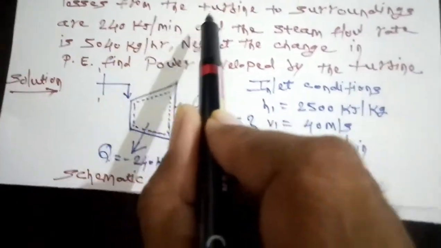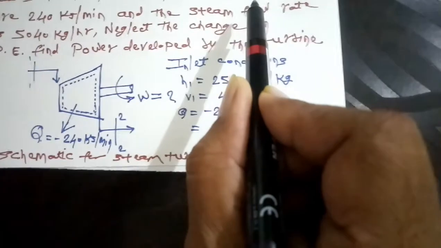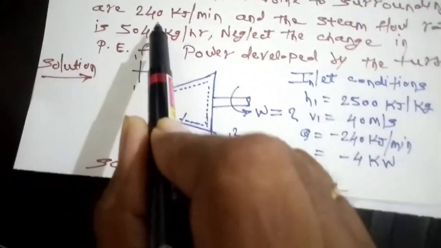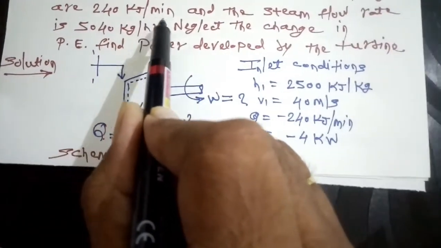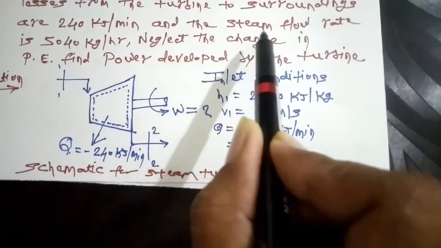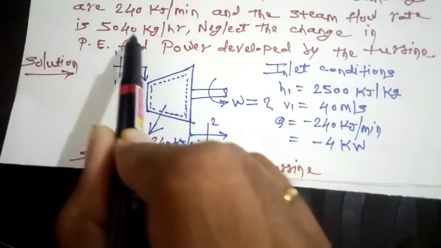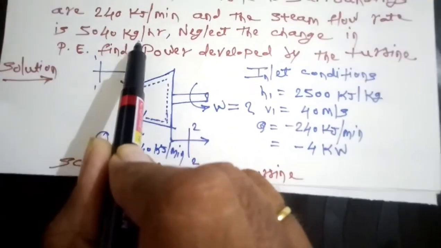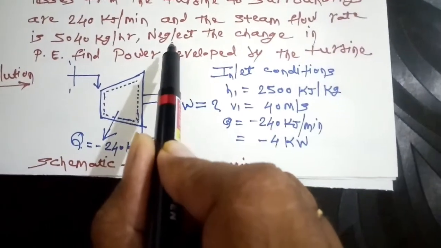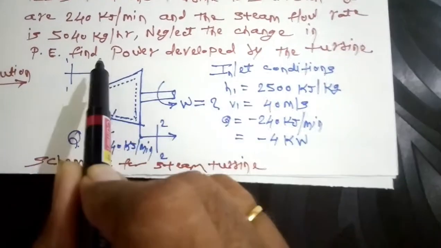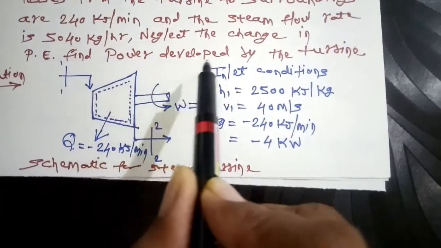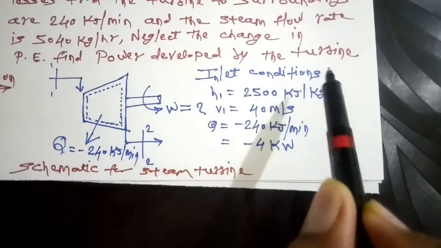Heat losses from the turbine to the surrounding are 240 kilojoule per minute and the steam flow rate is 5040 kg per hour. Neglect the change in potential energy. Find the power developed by the turbine.